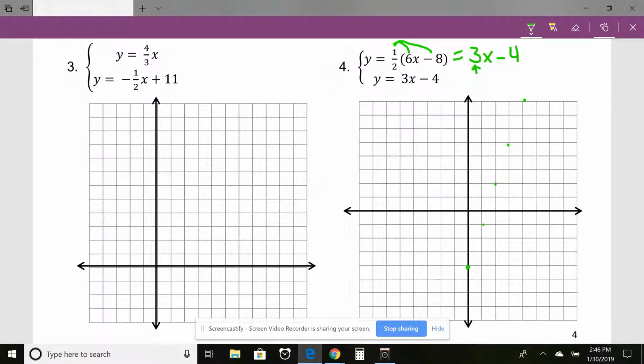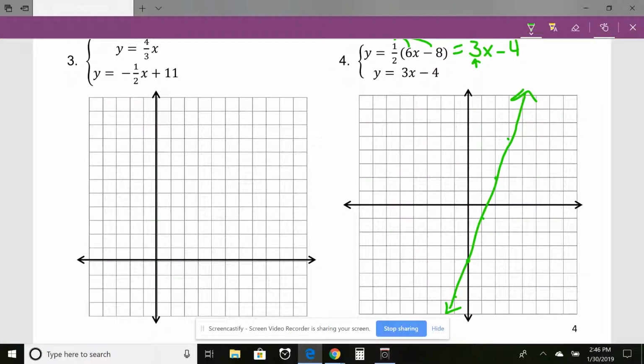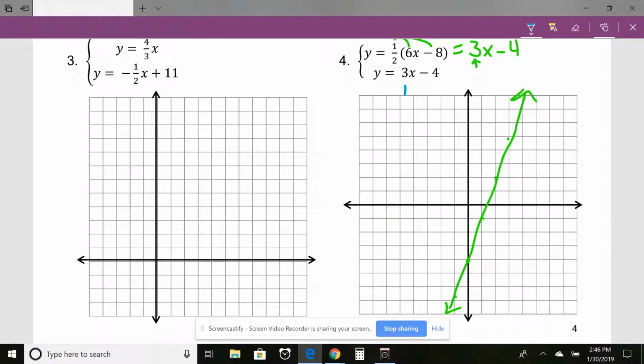And again, the other direction, down 3 to the left 1 to make a straight line. Not so straight, but good enough. Now the other equation, notice it's the same exact thing. My slope is 3, my y-intercept is negative 4, so it's going to be the same exact line right on top of the other one.